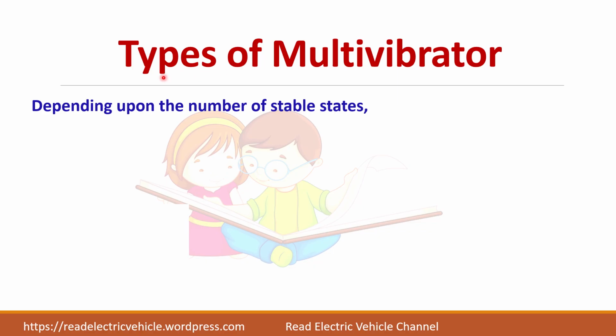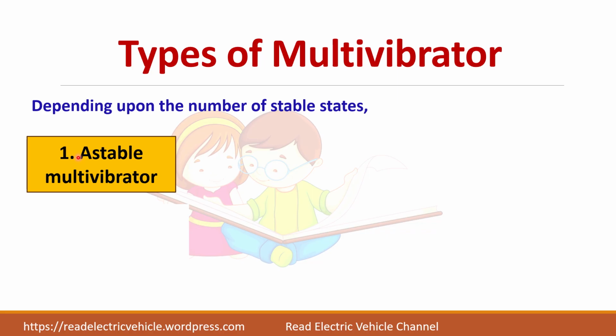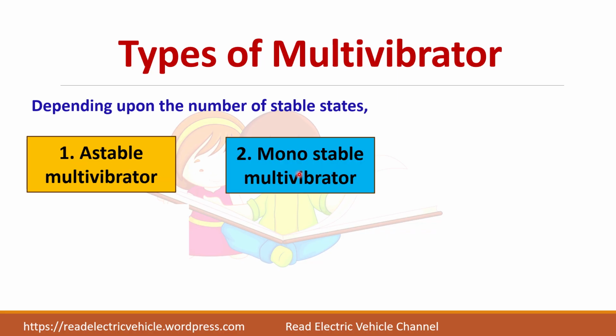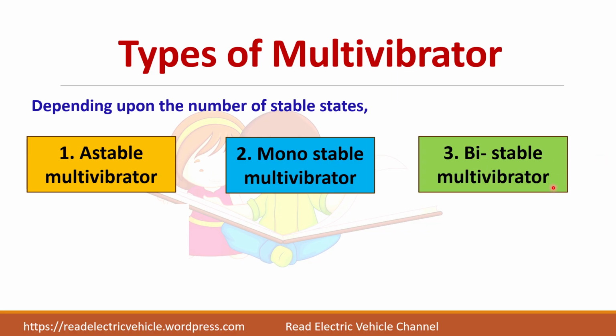Let us see about the types of multivibrator. Depending upon the number of stable states, there are three types of multivibrator: the astable multivibrator, monostable multivibrator and bistable multivibrator. Astable means there is no stable state.